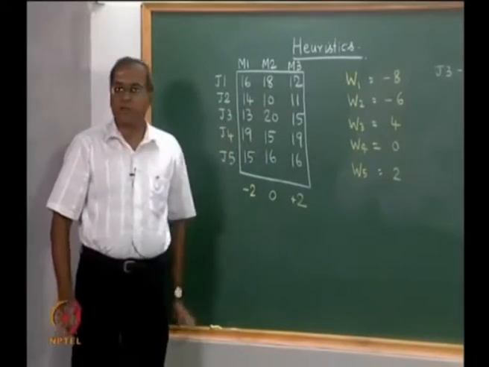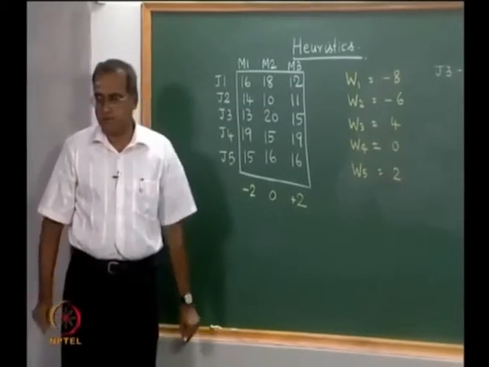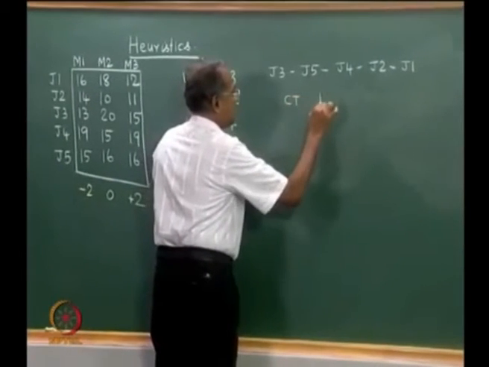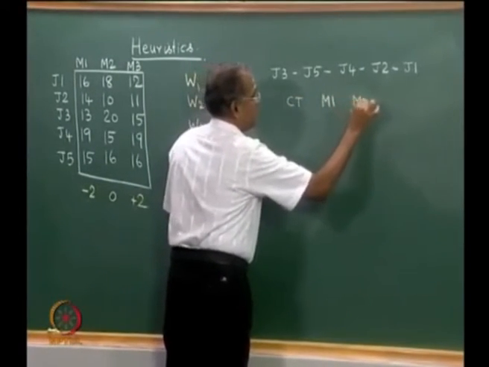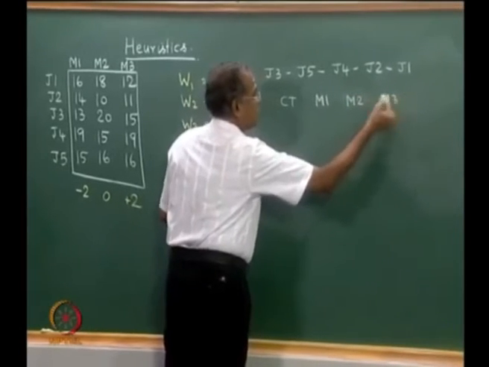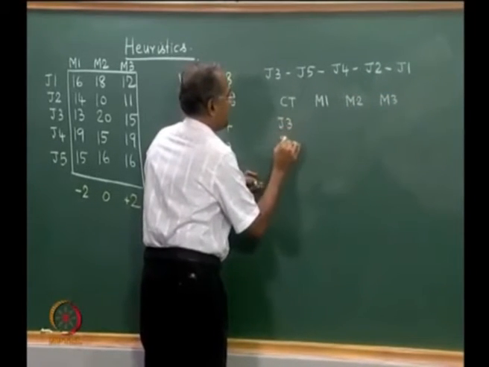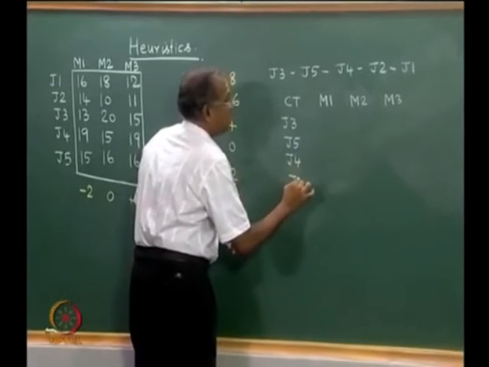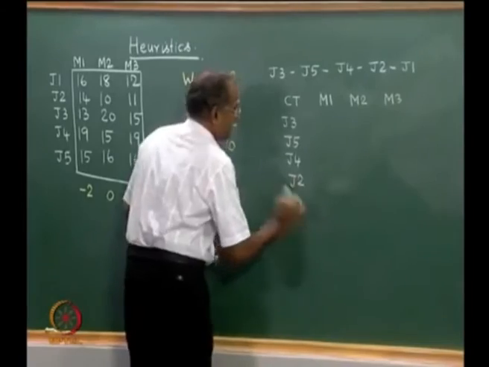Now, for this sequence, let us try and find out the makespan. So, we write the completion times for this sequence. We have M1, M2, M3, J3, J5, J4, J2, J1.